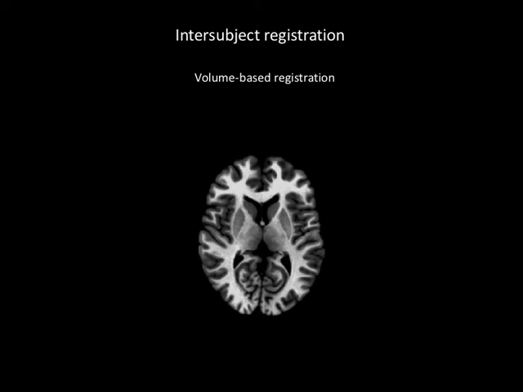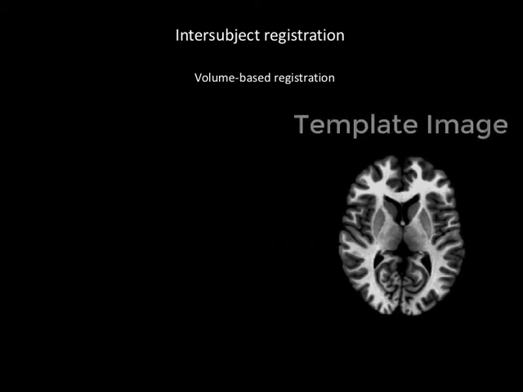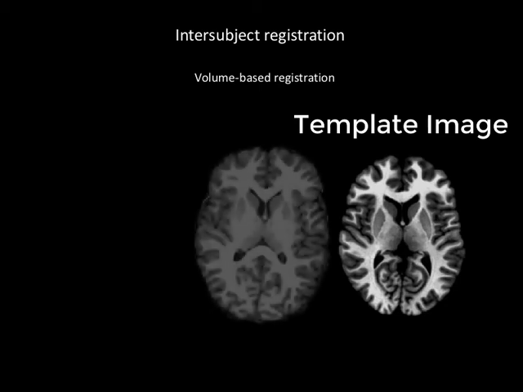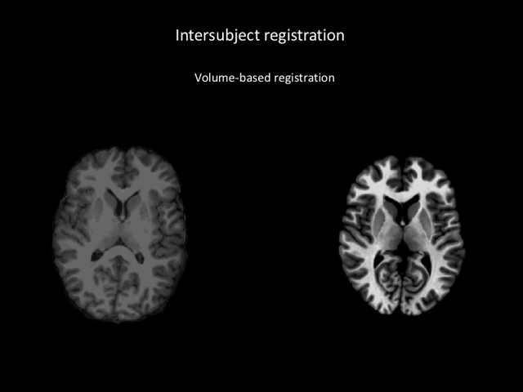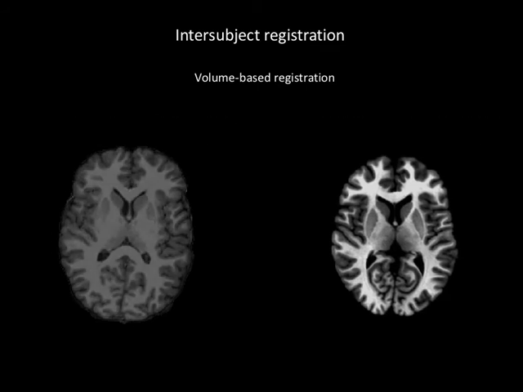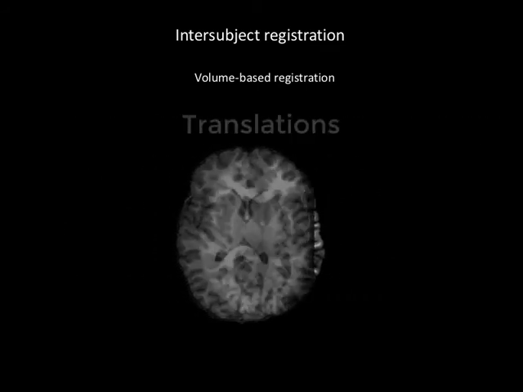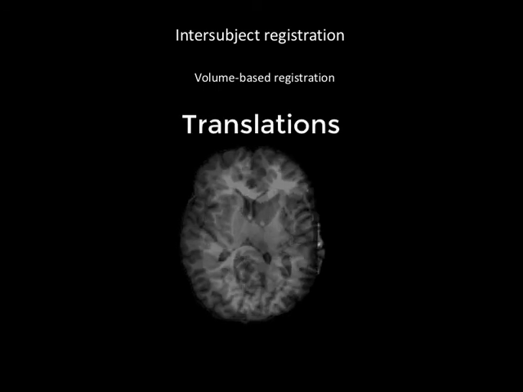So volume-based registration, if I just take, say, a template image and some other image from my scanner, just a random subject image, and let's deal with just the coronal slice for now. Notice that the template can be very different from the subject, right? Differences in size, differences in intensity, and the whole purpose of registration is to try to match those up as quick as possible.